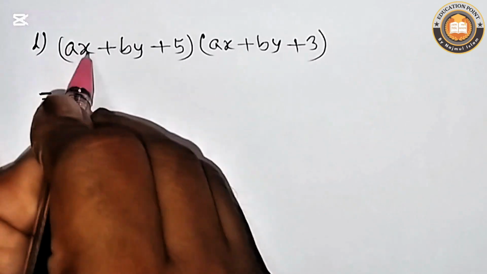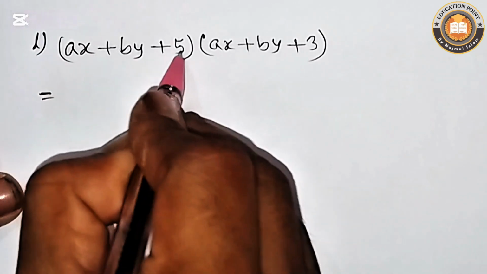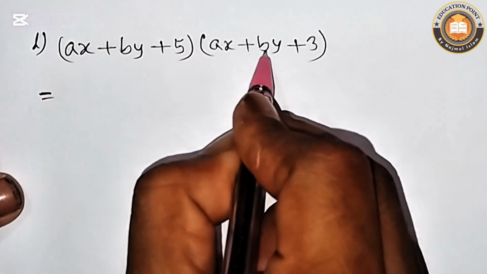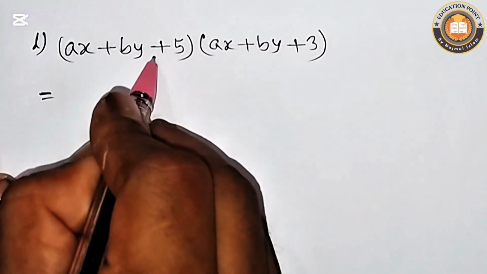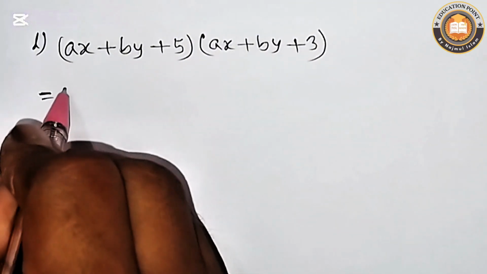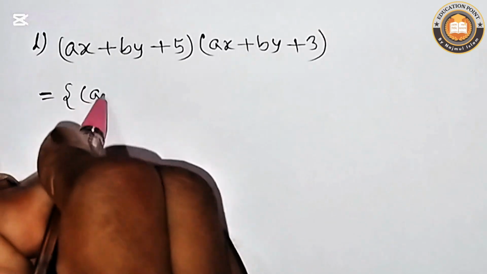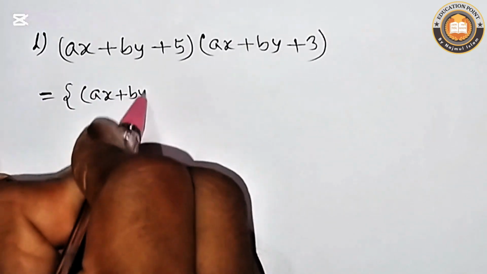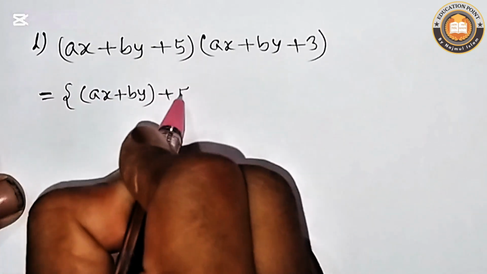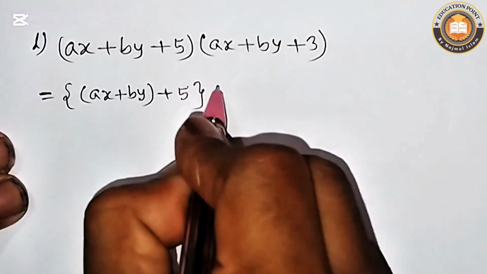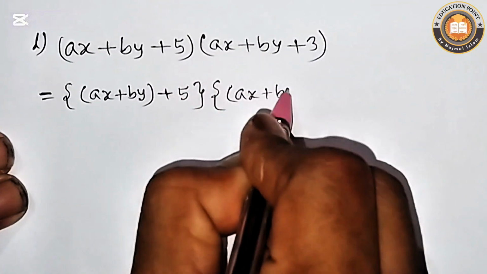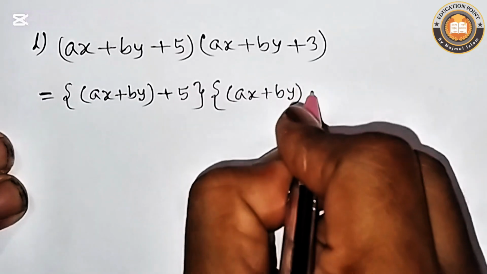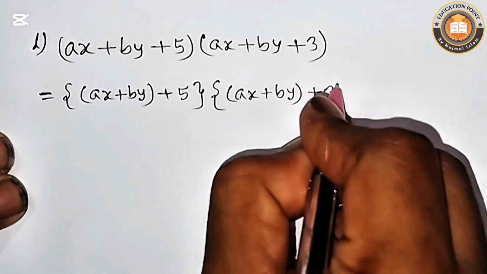Number L, (ax plus by plus 5) into (ax plus by plus 3). At first 3 term convert as 2 term. (ax plus by) plus 5 into (ax plus by) plus 3.